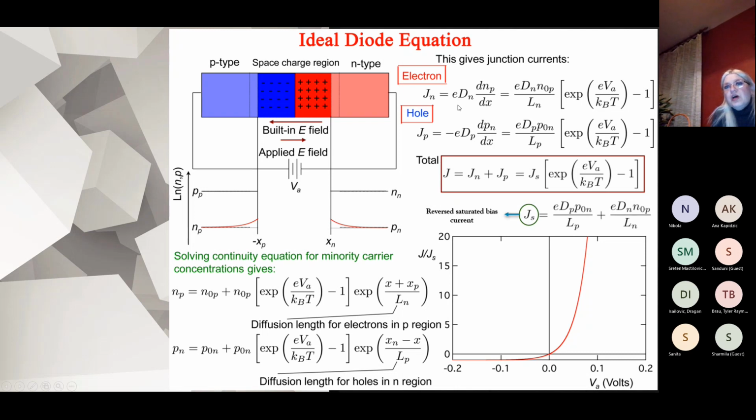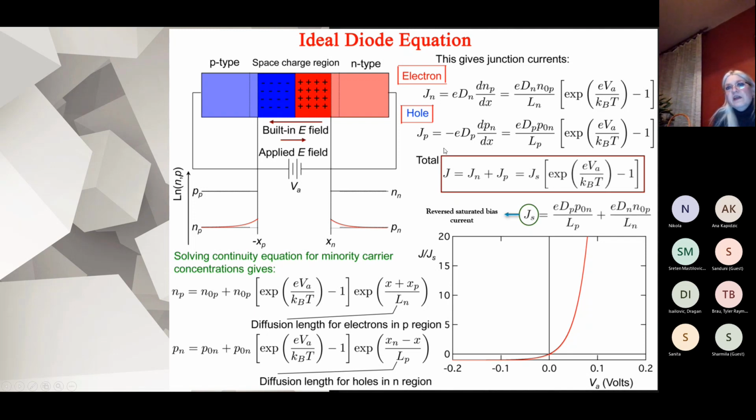Because the charge is negative and the diffusion is also negative, it will end up positive. Here you have the derivative, so you have to integrate this equation, and then you end up with the diffusion coefficient of the electrons, the diffusion length for electrons in the p-type region, the minority concentration, and the applied voltage.